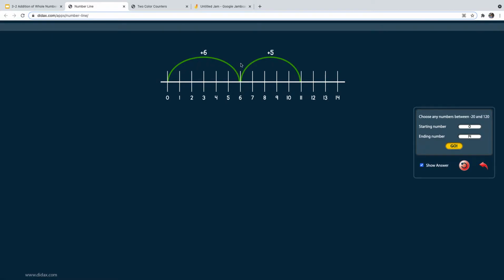So 6 plus 5 more is 11, where it lands on. That is your answer. If you do subtraction, you're gonna go to the left hand side. Okay, so we're gonna talk about that a little bit later. But since it's addition, for positive numbers and addition, you go to the right hand side. We can always add more. So if we want to add another number like 1, 2, 3 more, where does it land then? 14. So 6 plus 5 plus 3 is equal to 14.